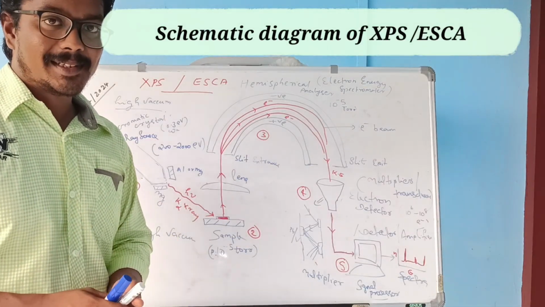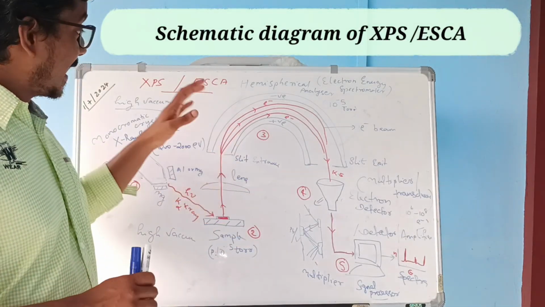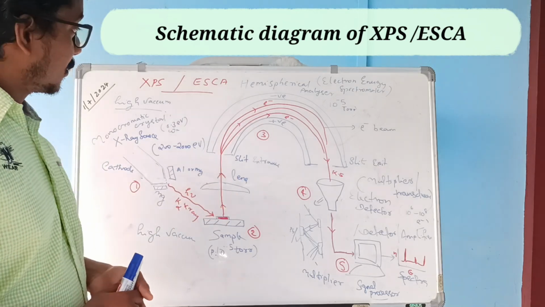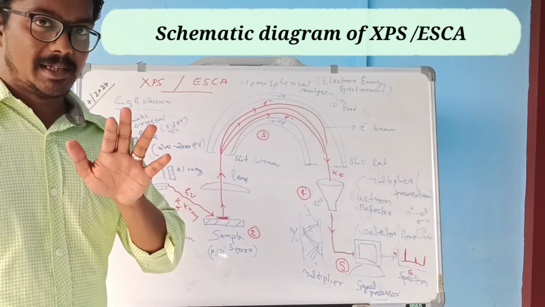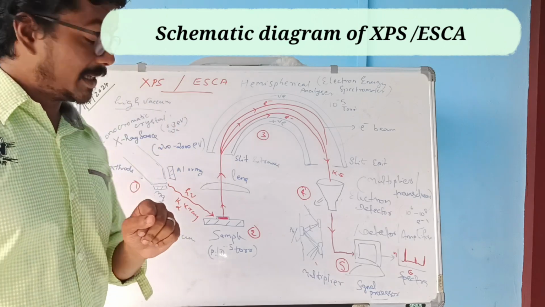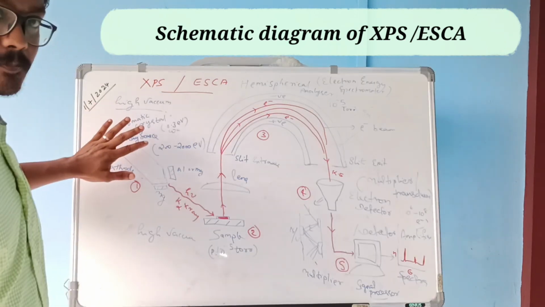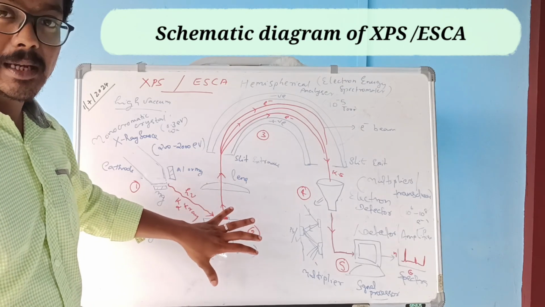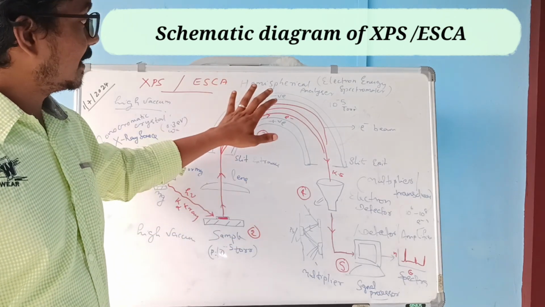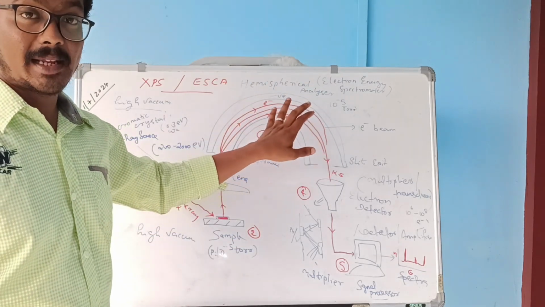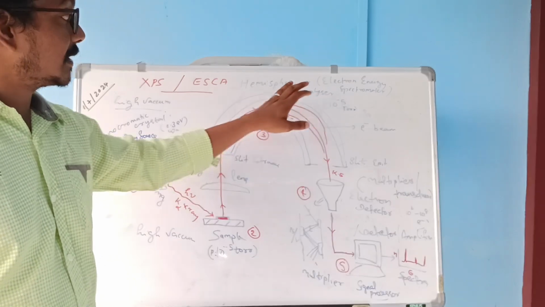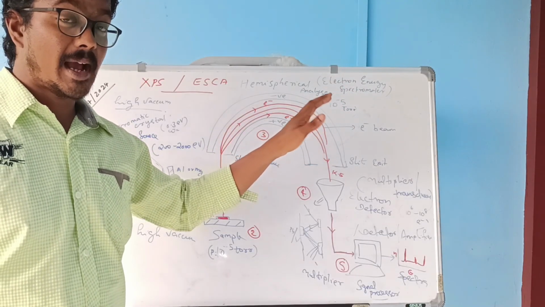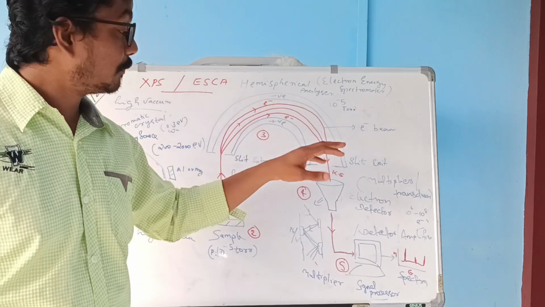Now we will discuss the illustration of the experimental technique of XPS. In XPS, there are mainly five parts. One is the X-ray beam source. Second is the sample and sample holder. Third is the analyzer, a hemispherical analyzer, which is an electron energy analyzer, in order to get a high resolution result.